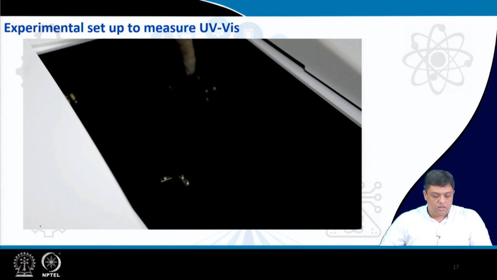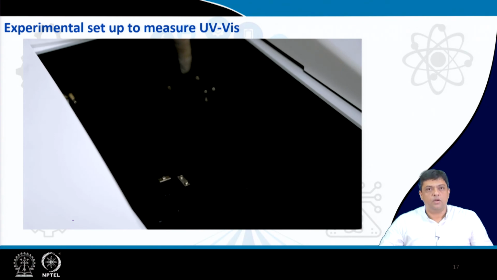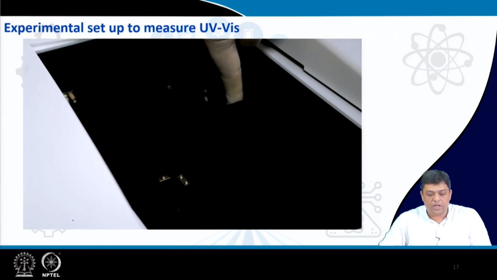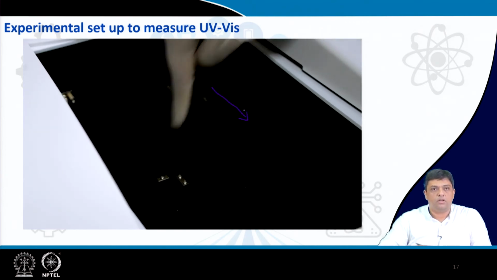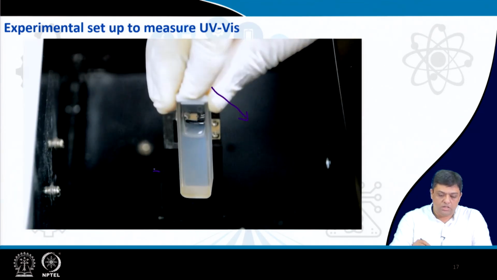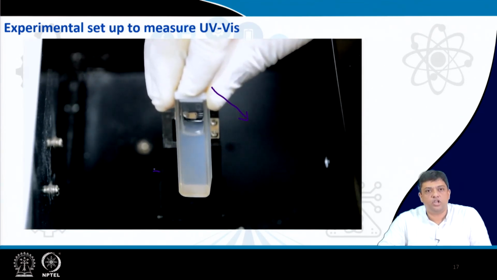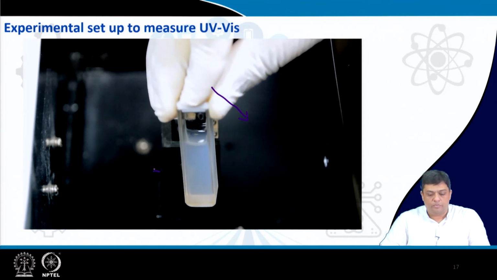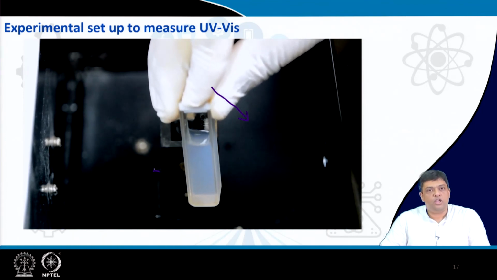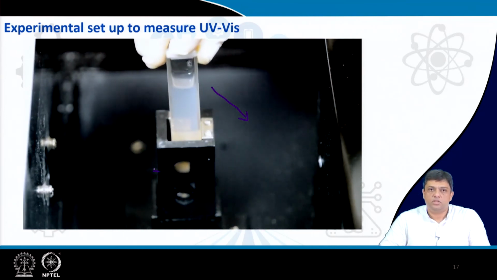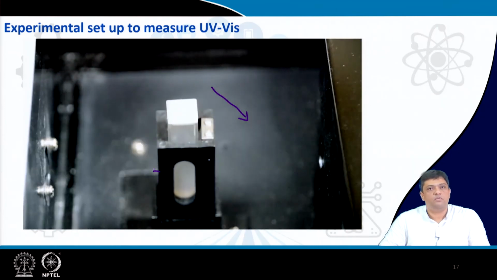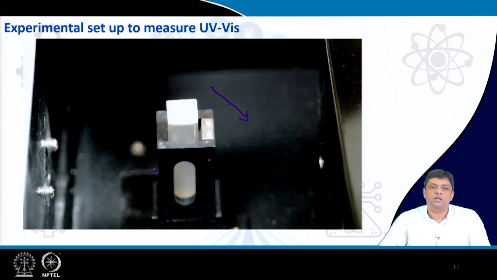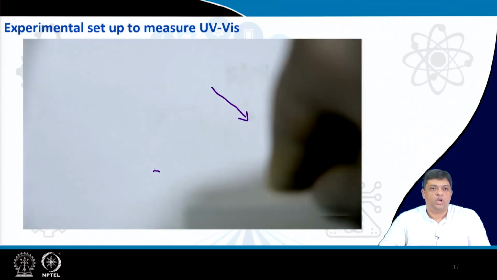So, let us see the way this is happening. You have the source, then the optics, then the sample holder. This is a typical solution which is prepared, and you can use either a standard or one having the reference in it.